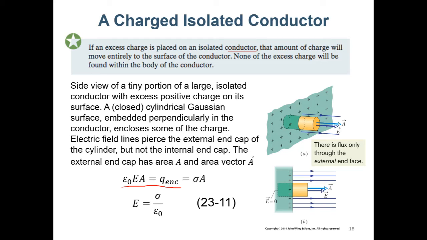So the electric flux across this side and this side should be zero. We also know that there will be no electric field inside the conductor, so the flux across this side is also zero. So the only side which contributes to the net flux is this one.